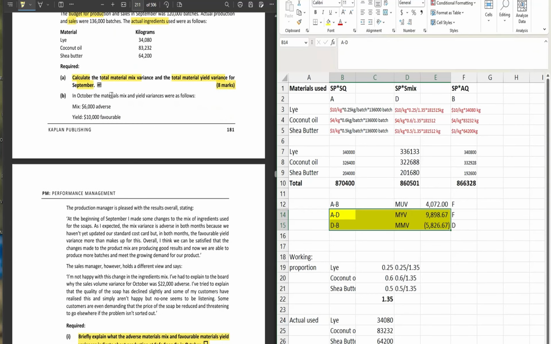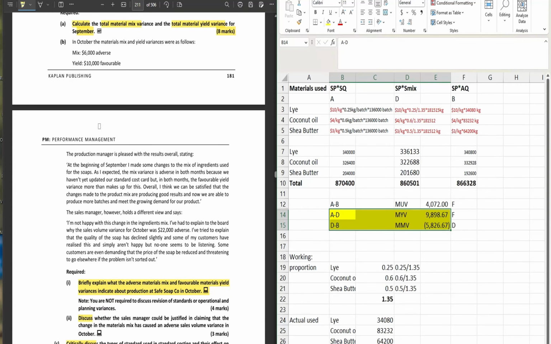In October, the material mix and yield variances were as follows. Now we move to the October month. September month is over. So mix variance was 6,000 adverse, whereas yield variance is 10,000 favorable. The production manager is pleased with the result overall, stating, at the beginning of September, I made some changes to the mix of ingredients used for the soap.